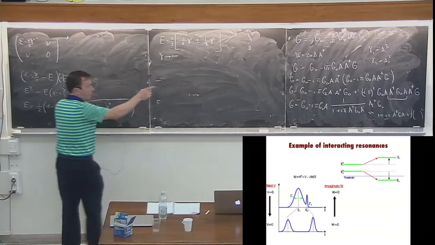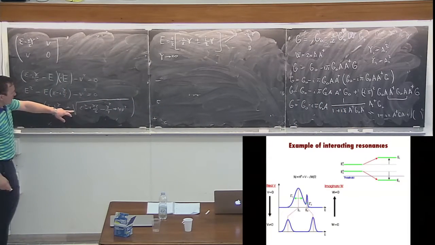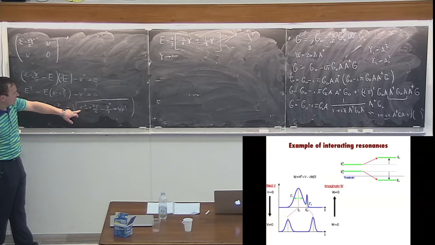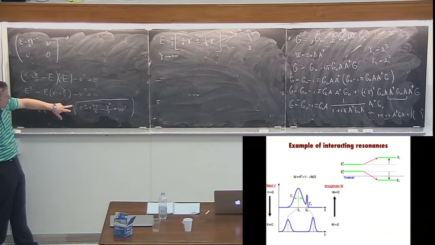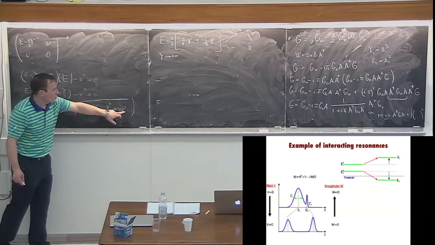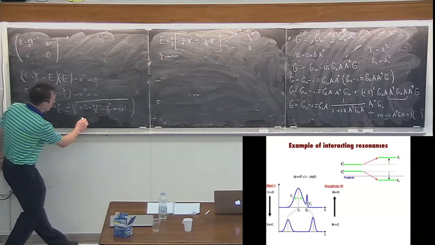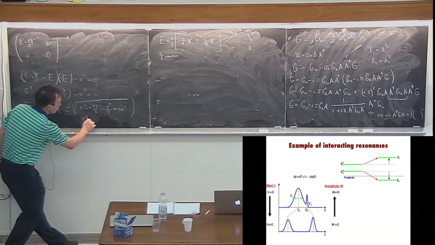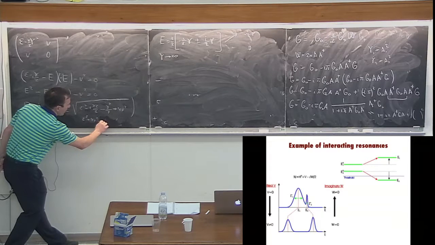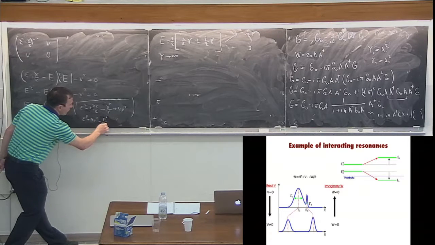Another thing, if gamma is relatively small, then I will have the separation between these two signs, plus and minus, assuming this is real. I will have E squared plus 4V squared minus gamma squared over 4.